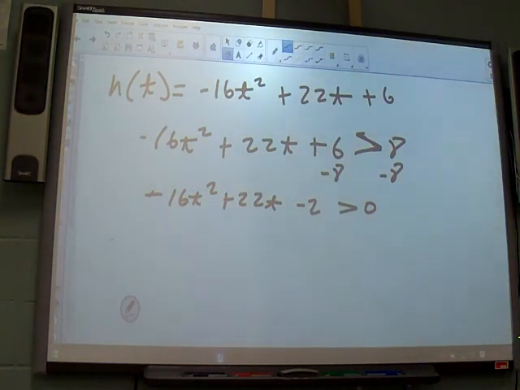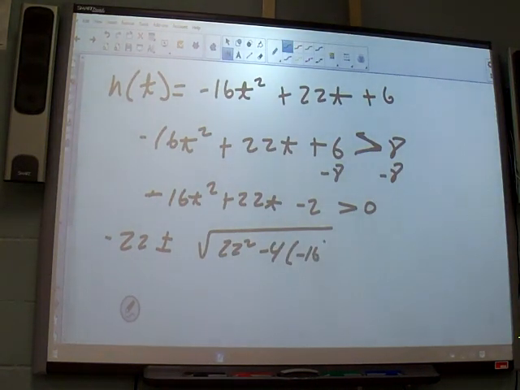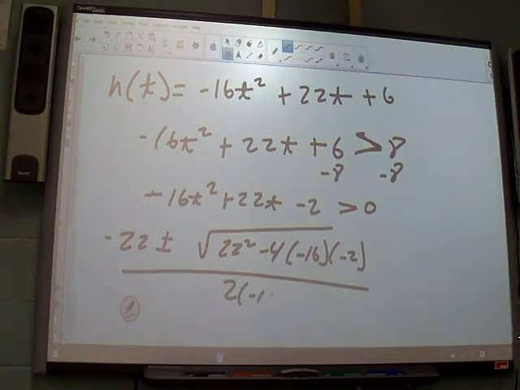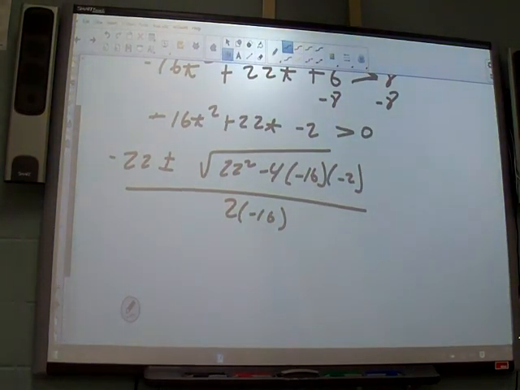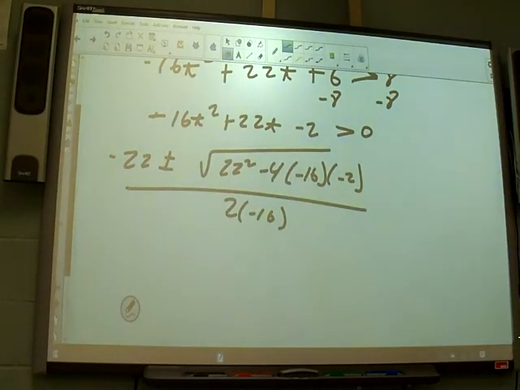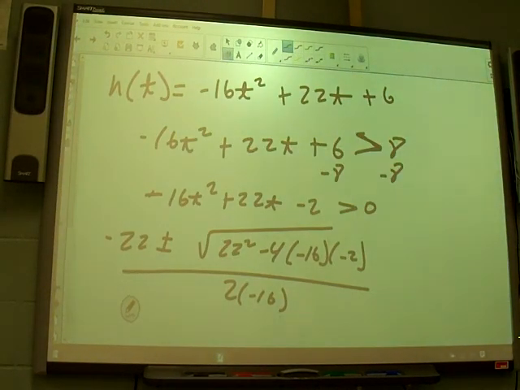So, negative b plus or minus the square root of b squared minus 4ac, all over 2a. Now, I just told you we're putting our calculator to work on this. When I did all of that underneath the square root, I just typed it all in and then square rooted it, and I was looking at negative 22 plus or minus 18.868.